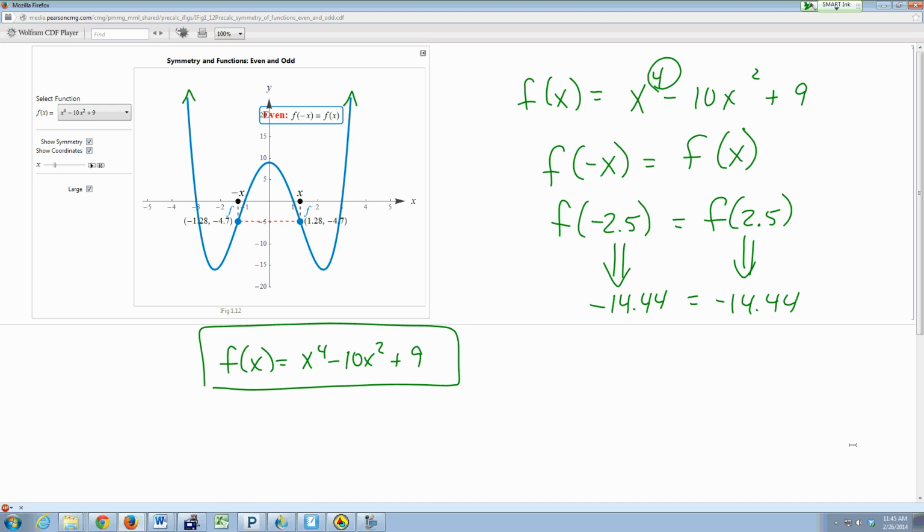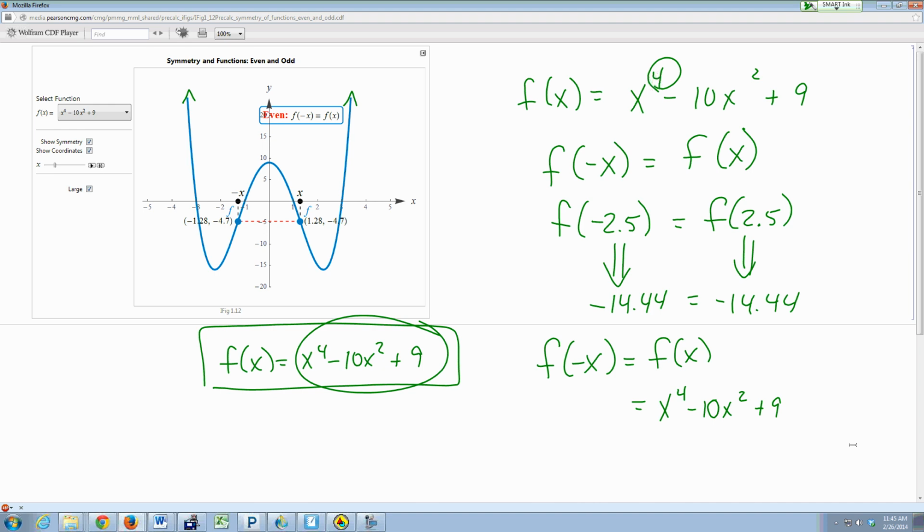So to show that this is an even function, which we know it is from the picture, you have to show that f of -x is equal to f of x. Well, we already know what f of x equals, so we can fill in one side of this equation right now. Here's f of x right there. X to the 4th minus 10x squared plus 9.